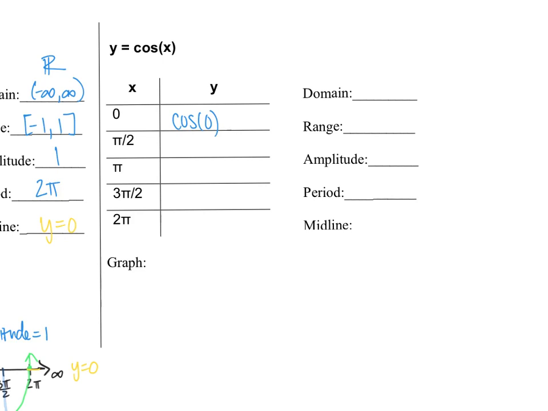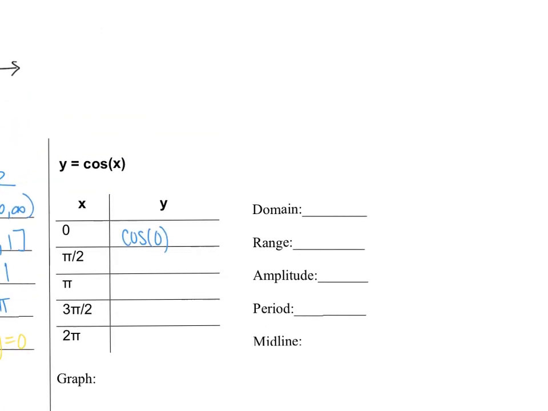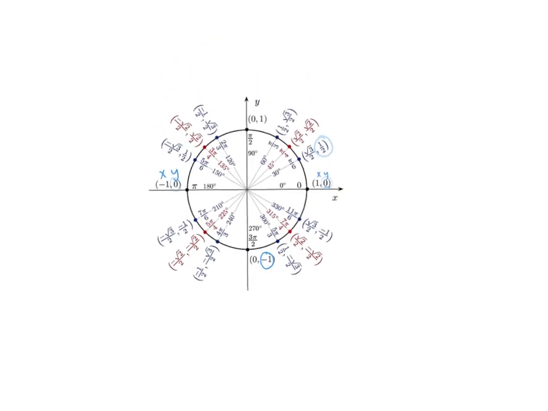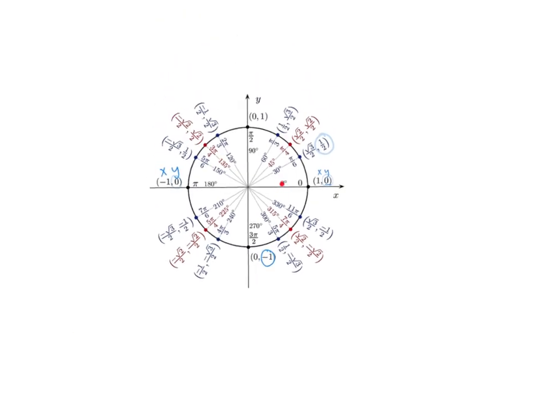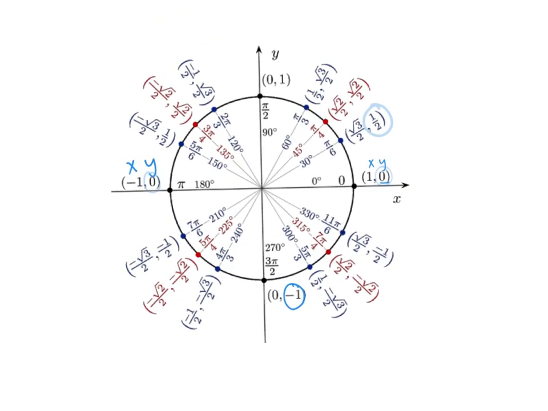At 0 radians on the unit circle, my x value is 1. So cosine of 0 is 1. Cosine of pi over 6 is root 3 over 2. Cosine of pi over 4 is root 2 over 2. And cosine of pi over 2, the x value here is 0.